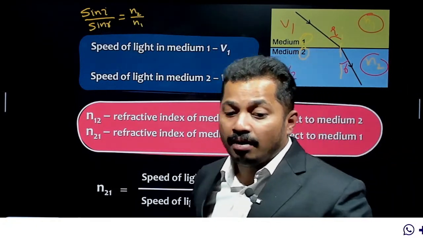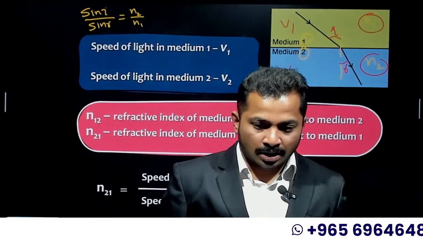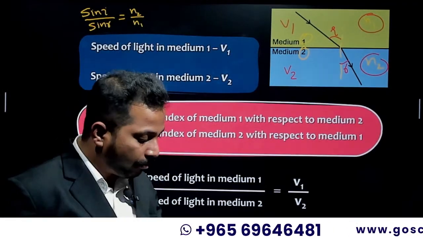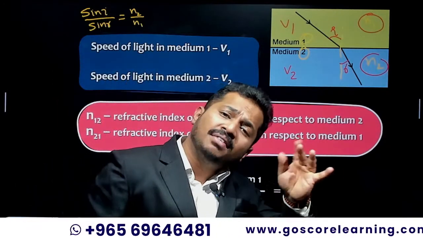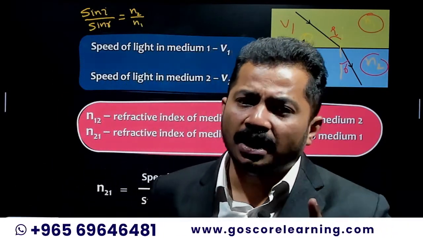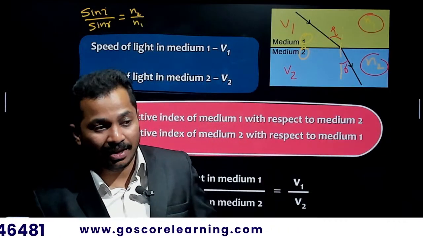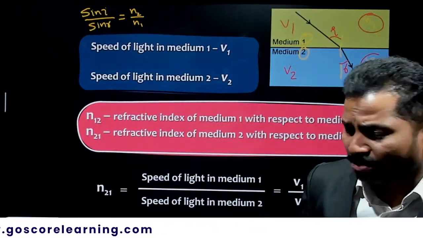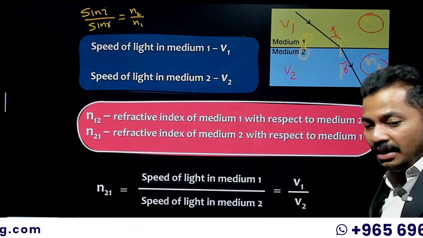When light travels from one medium to another, its speed changes and its wavelength changes, but its frequency remains the same. The change is not drastic, only a small amount. So light has different speeds in different media.